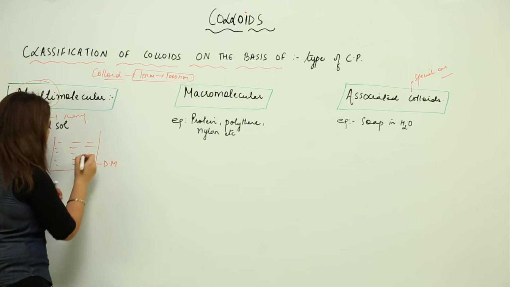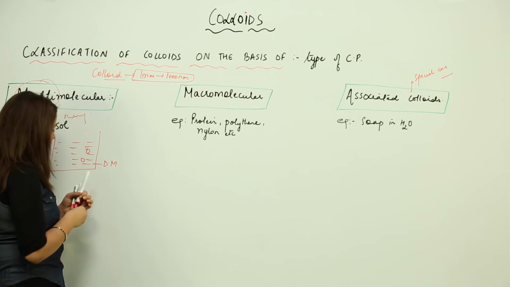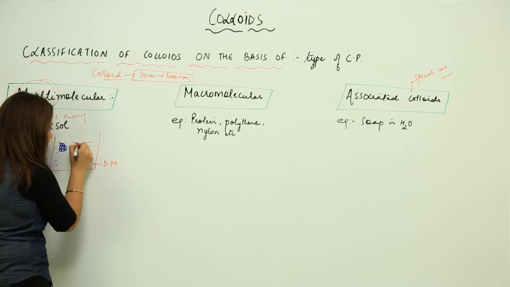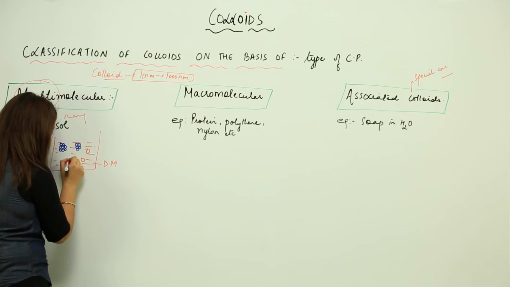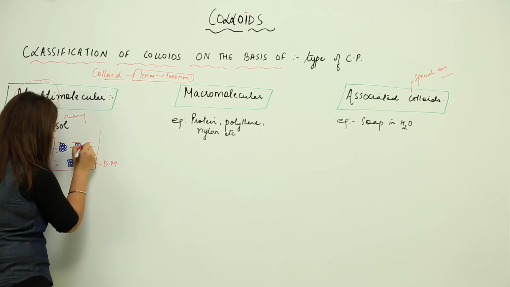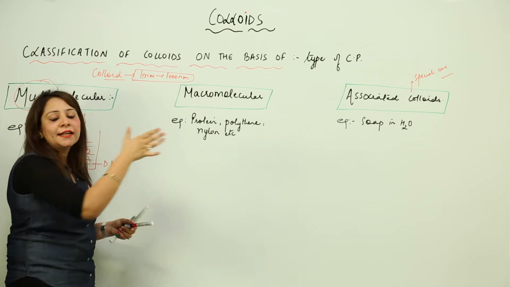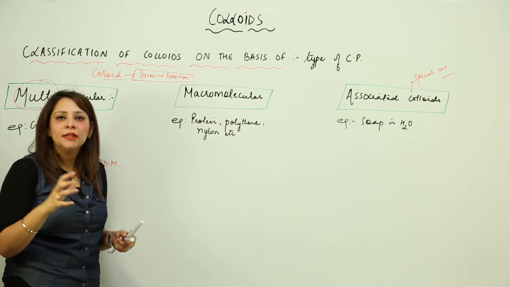Colloidal particles are not present as such. What happens is that n number of particles cling to each other, forming a single colloidal particle. And you know that when they cling to each other in such a way, their size lies within the colloidal range, that is, a diameter of 1 nanometer to 1000 nanometer.